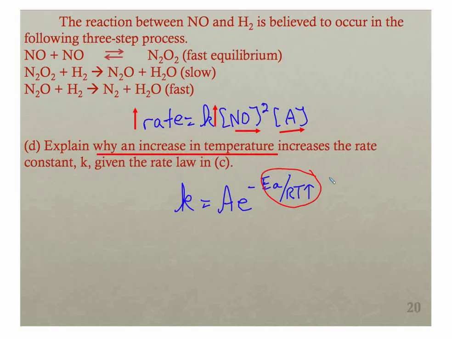If you increase T, you're going to make this a smaller negative. That's smaller, and since it's negative, that results in an increase in K. So that would be an alternative way you can explain that. But here, hopefully it's pretty clear from the rate law expression that your temperature effects have to come into play with your rate constant K.